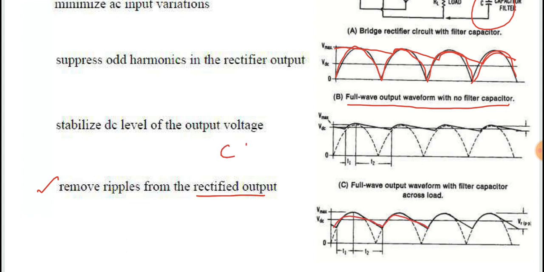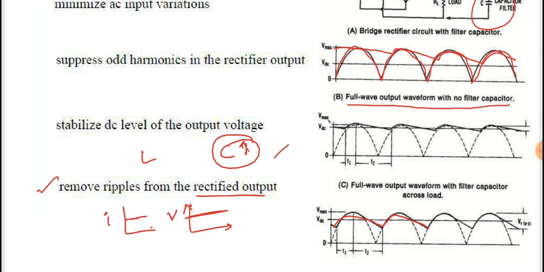If the capacitor value is very high, then we will have a constant DC voltage. Suppose we use an inductor there, then we have a constant current. For making the output voltage constant, we use a capacitor. For making the output current constant, we use an inductor.